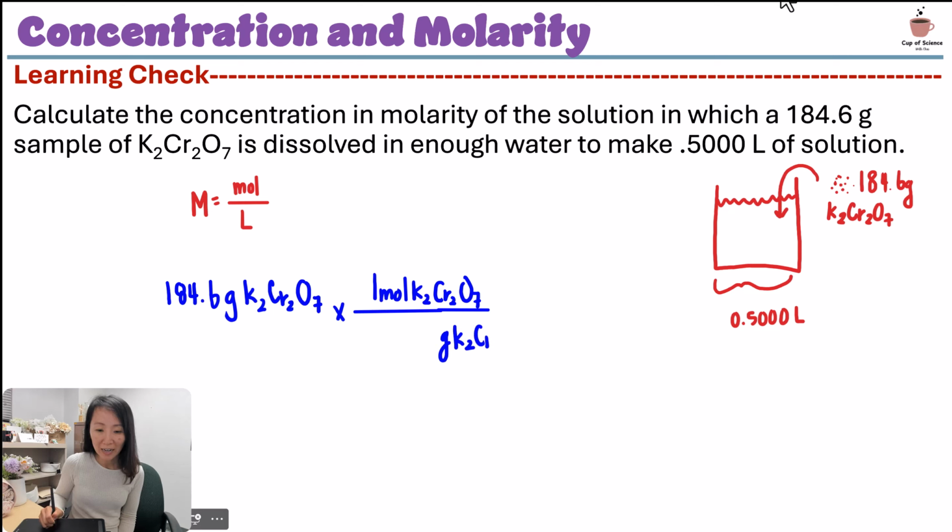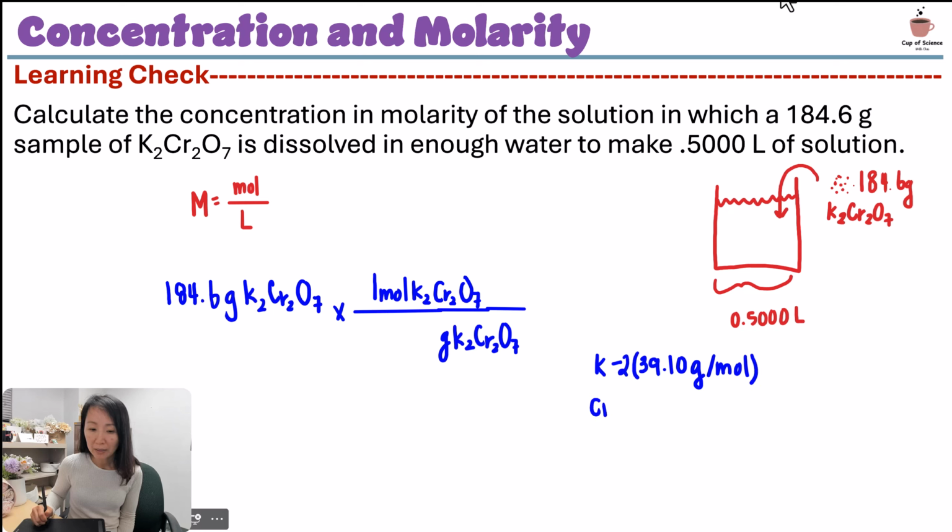And so I need to calculate this out. So potassium is 39.10 grams per mole, and there's 2 of them.